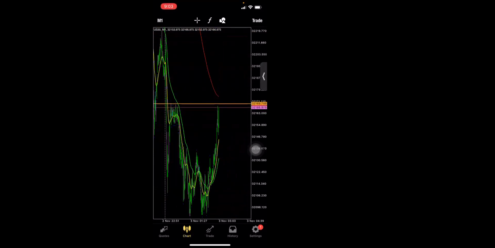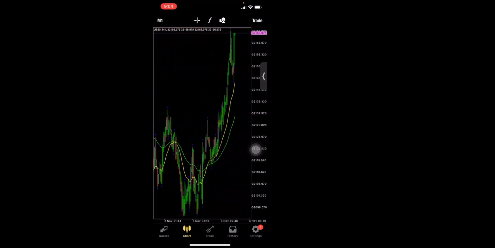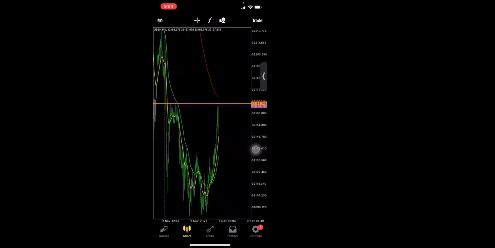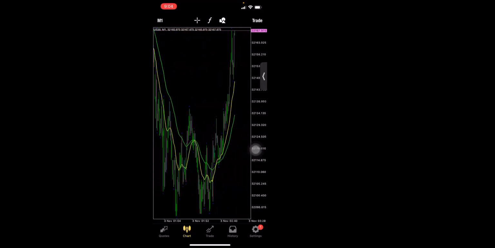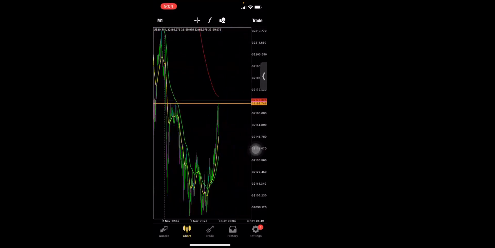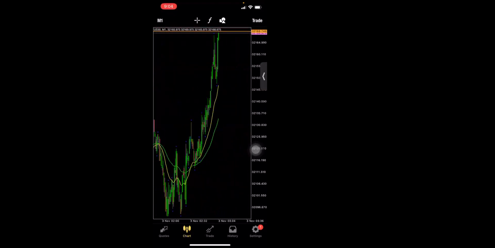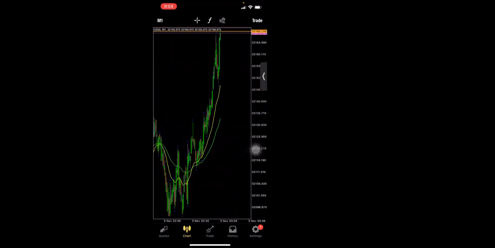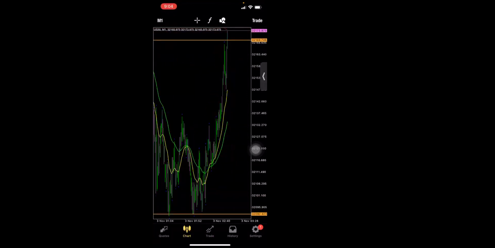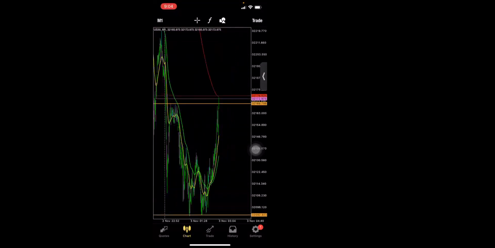But if it breaks it, I'll go for a buy pretty much. But it definitely won't be right here, because this isn't a proper setup for me to take personally. I don't like this setup. But if I was to sell, I would target this area right here. I would target down below. And it just broke.